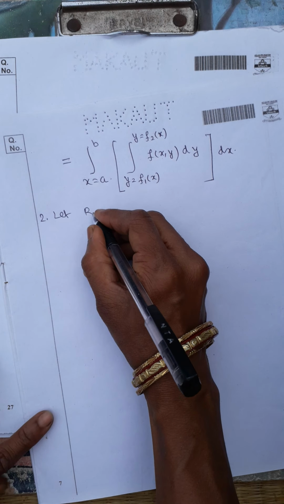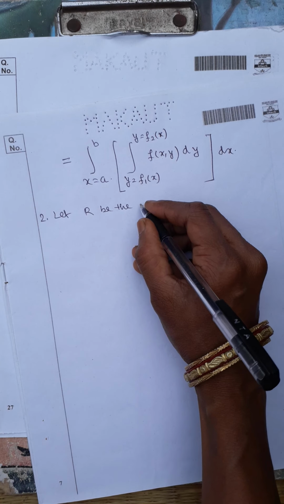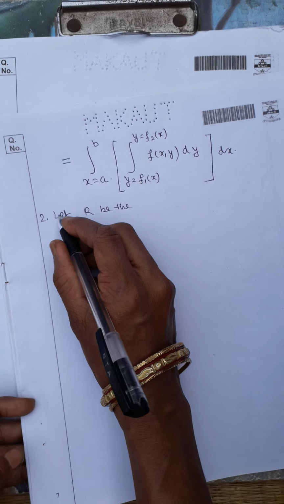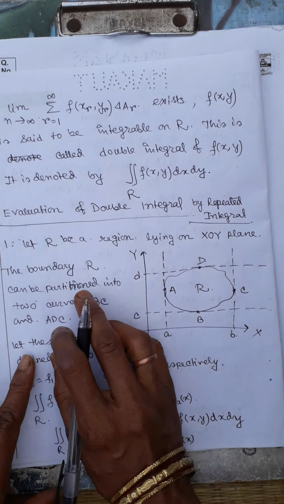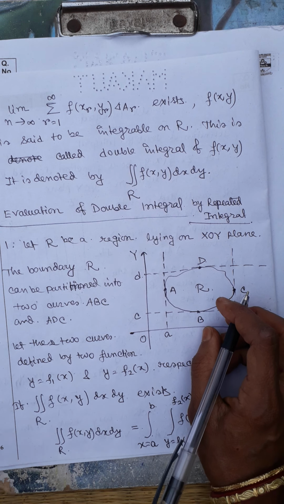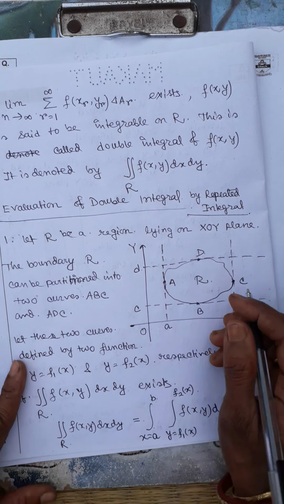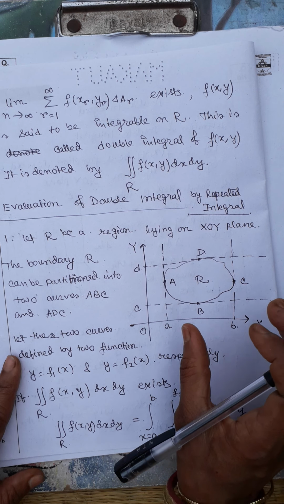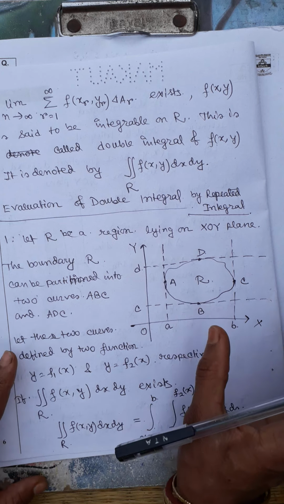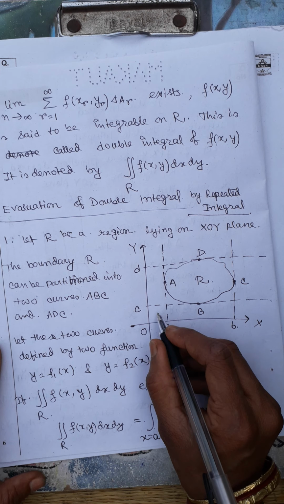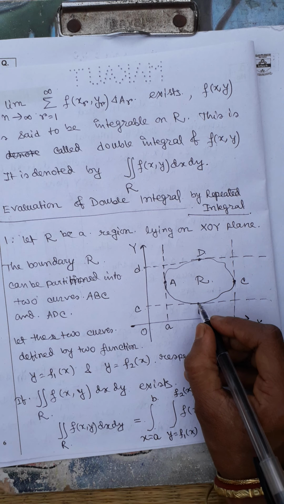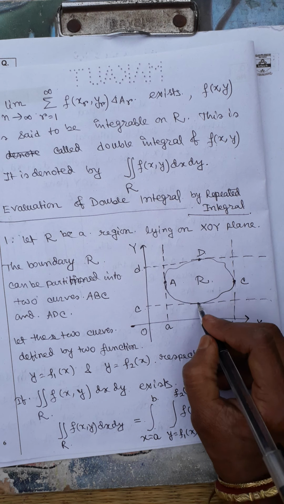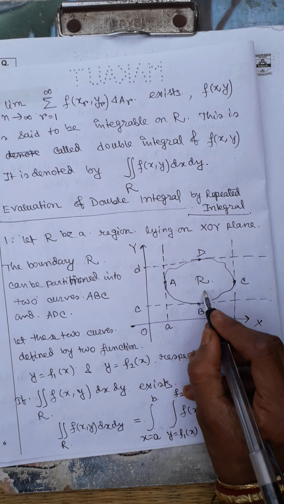Let R be the region lying in the xy plane such that any line parallel to the x-axis, now we deal with the line parallel to the x-axis, so y equals c and y equals d, which passes through the region and touches the region R in 1 point, and if this line goes through here, then it will touch 2 points.